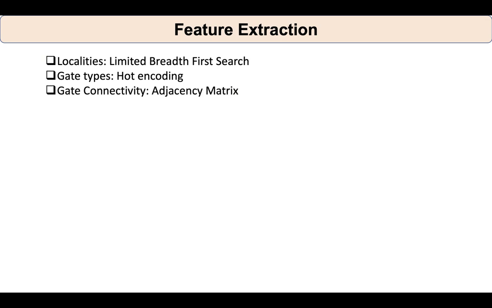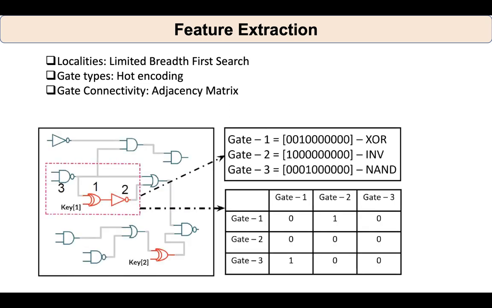For feature extraction, we will consider the surroundings of key gates. For each key gate, localities will be taken by BFS, that is breadth first search, and their connectivity will be taken by adjacency matrix. For representing the gate types, we will make a vector representation by one hot encoding.